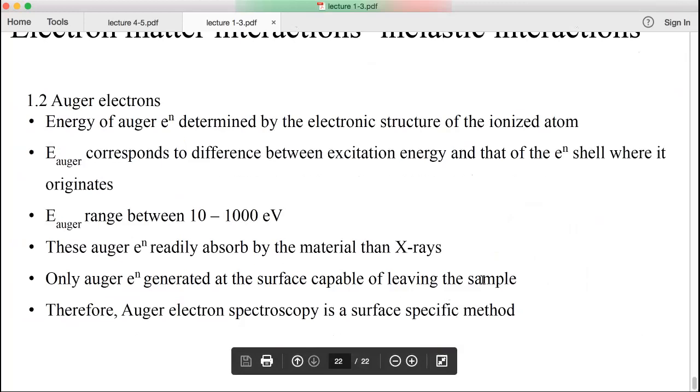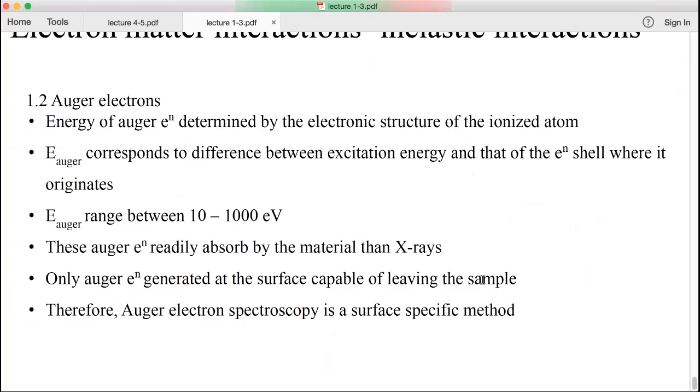So the energy of Auger electrons can be determined by the electronic structure of the ionized atom. The energy of the Auger electron corresponds to the difference between the excitation energy and that of the electron shell where it originates. The excitation energy is basically the electron dropping from a higher energy level to a lower energy level where there is the vacancy, and that excess energy is taken by an outer shell electron.